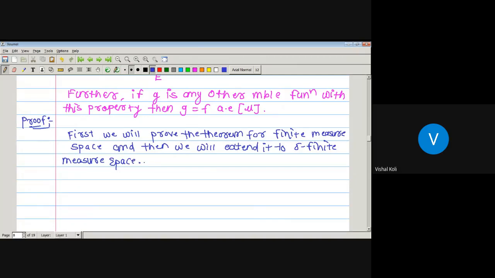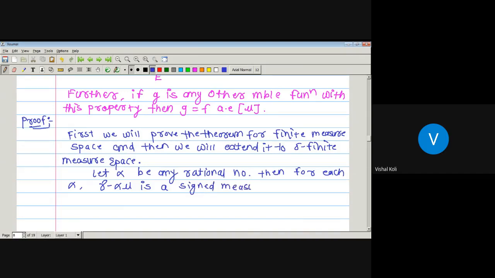Okay. So now let alpha be any rational number. As alpha is any rational number, then for each alpha, gamma minus alpha mu is a signed measure, since here we don't know which measure will have a larger value.